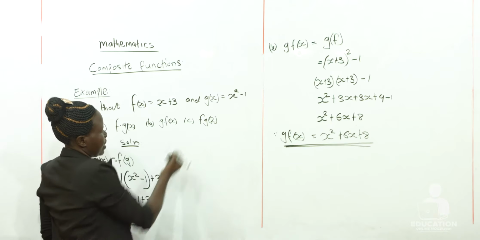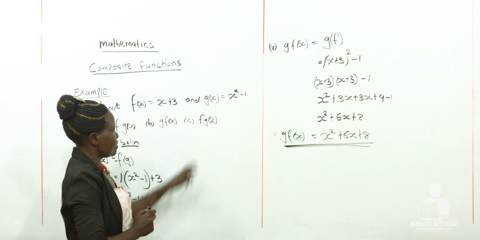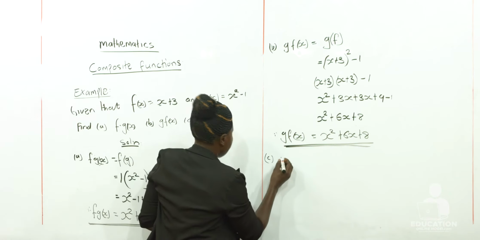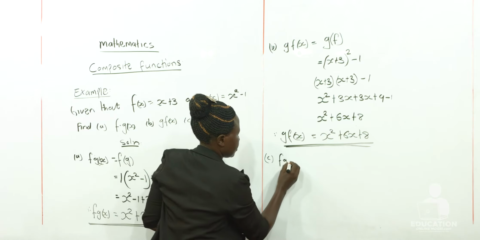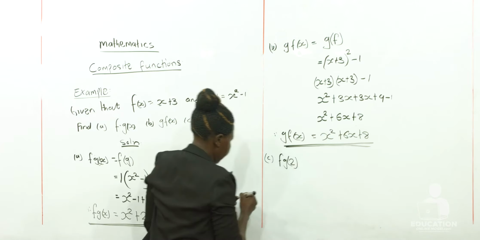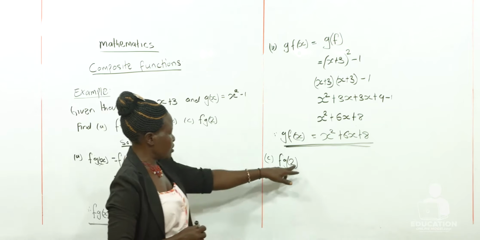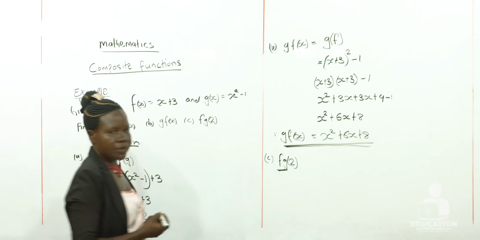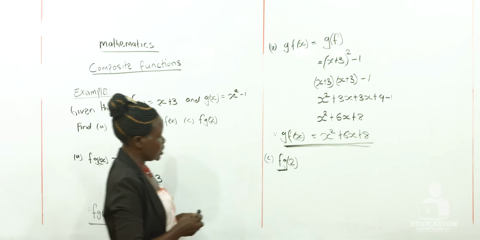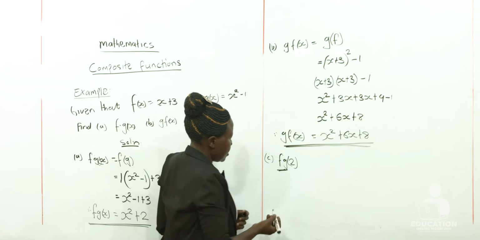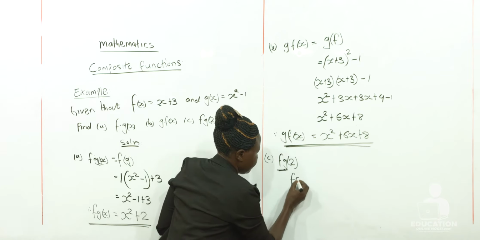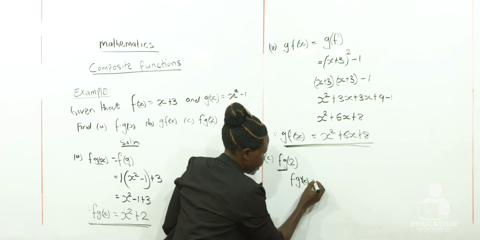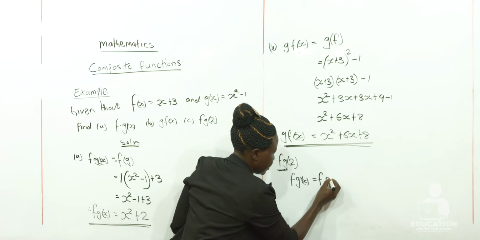Now when we come to part C, they have given us the value of x. So part C, you say fg of 2. Before you substitute x, you need to first deal with the fg. How do you deal with it? You will simply say, I will first get fg of x, which automatically gives me f out and then g in.